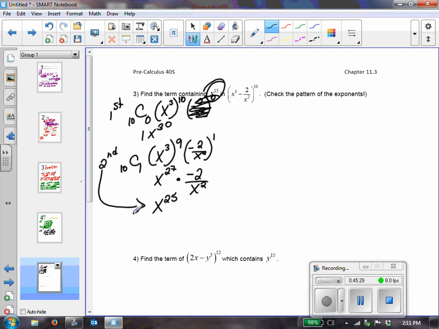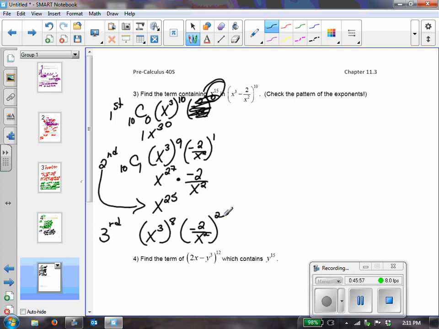Because when you're dividing and they have the same base, what do you do? Subtract the exponents. So if I do my third term, just to double check, because it seems to be going down by 5s, that's going to be x cubed to the exponent of 8, and negative 2 over x squared.